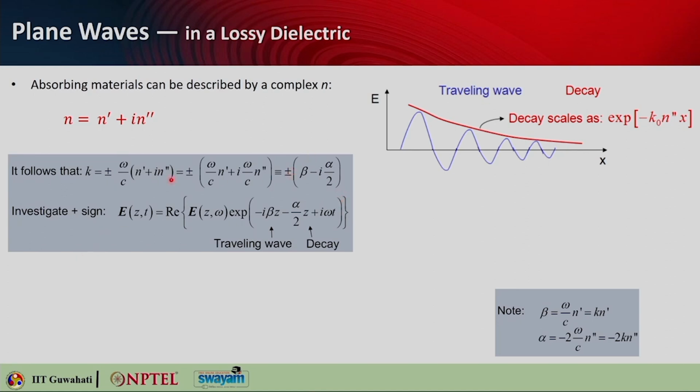If you only investigate the wave vector or wave number with positive sign, in that case you can write down the wave equation or the electric field expression like this. E(z,t) will have real part of E_z0 times exponential of minus i beta z, so that tells you about the travelling wave, times exponential of minus alpha by 2 over z.